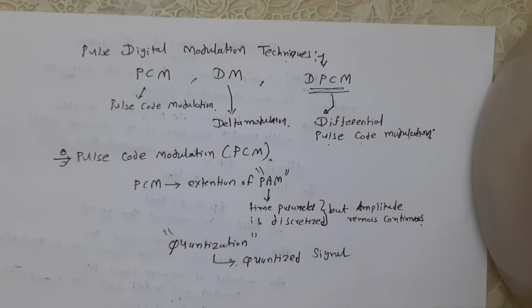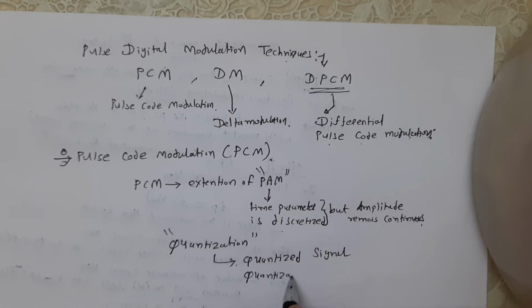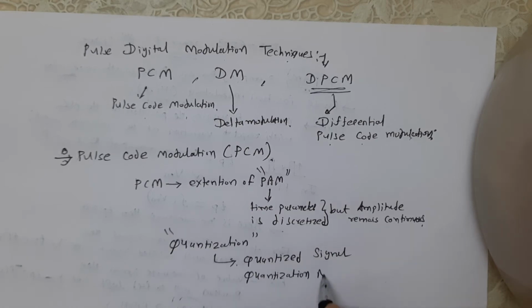There will be an error between the original analog signal and its quantized version. This error is measured and represented in terms of quantization noise. What is quantization noise?